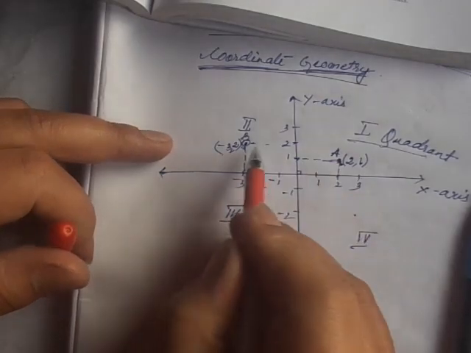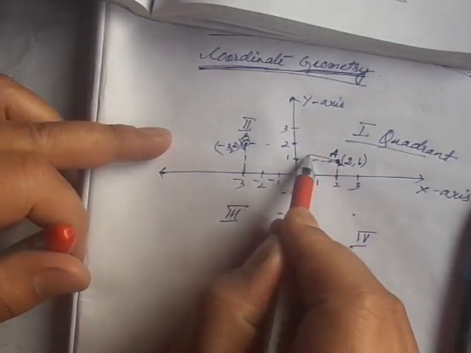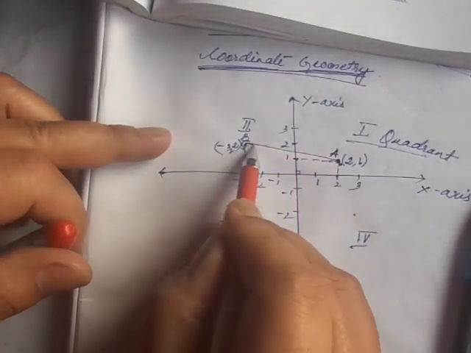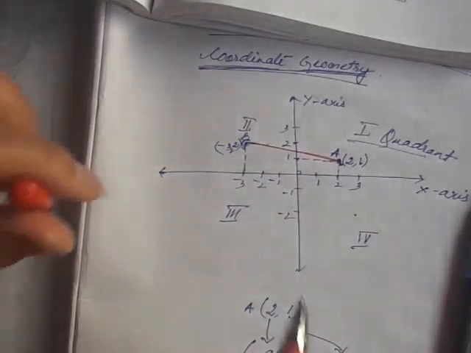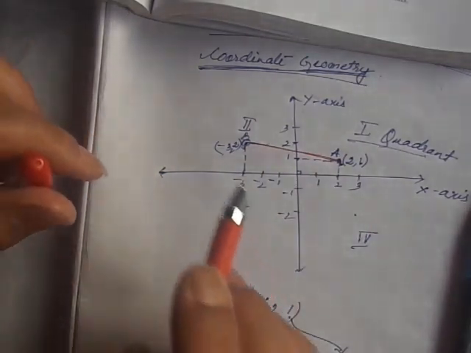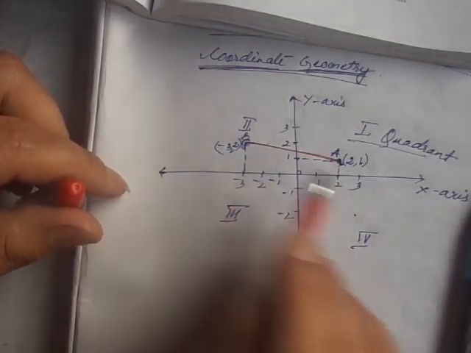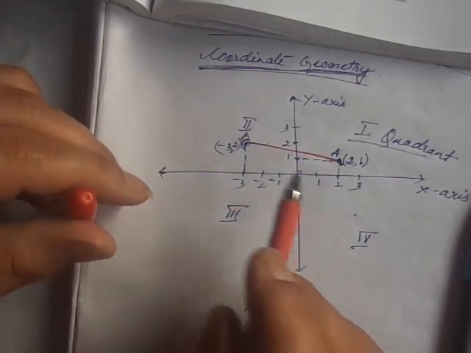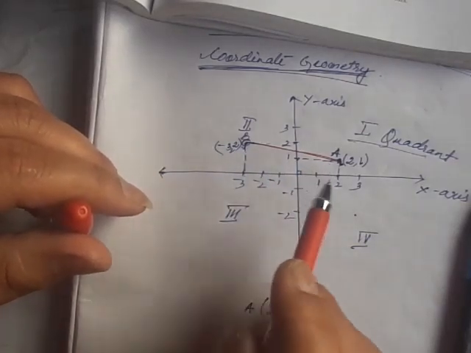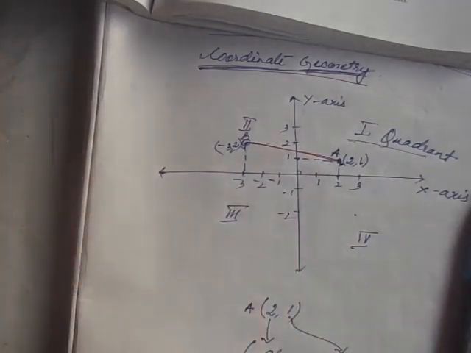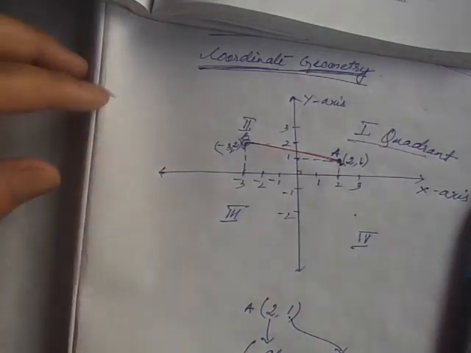We can find the distance between AB by using the distance formula. For any 2 given points, if we know their coordinates, we can find the distance between them. So let's see the distance formula first.